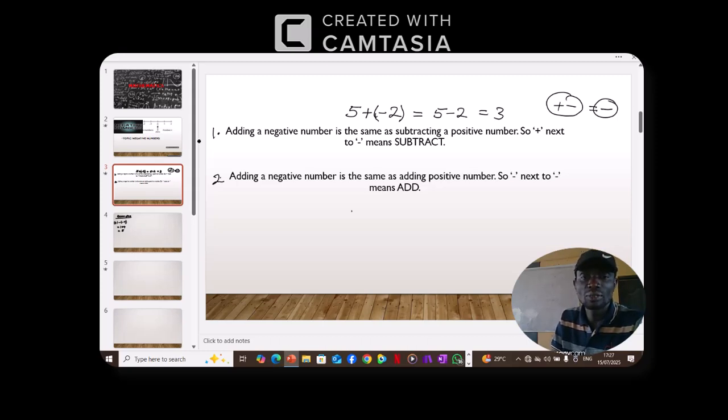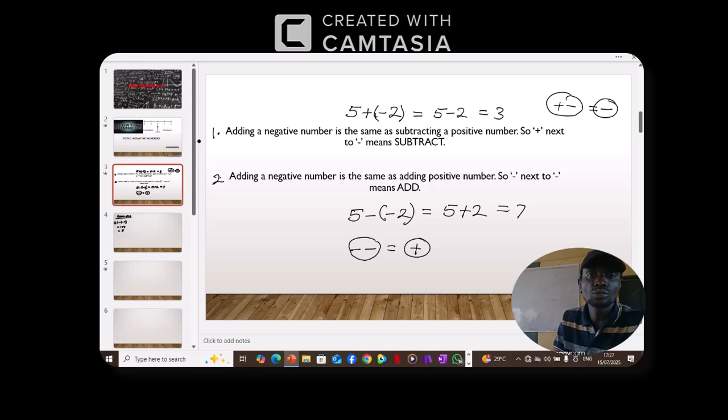That is, when you say 5 minus minus 2, it means 5 plus 2, and that gives 7. So when you have minus next to minus, it means you have to add. Take note of the two. We are going to use them now.